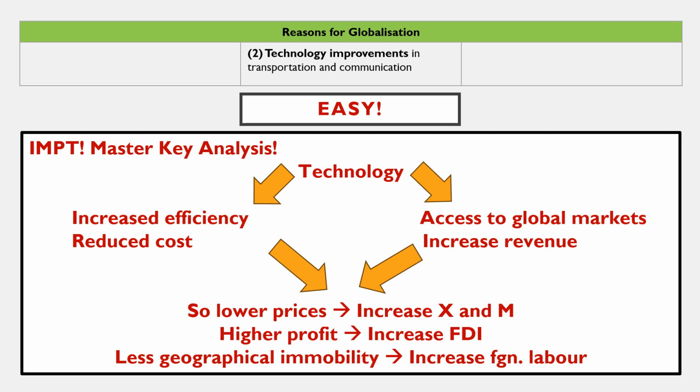And for FDI, foreign direct investments, we are looking at how this impacts their profit and incentivizes firms to invest globally. Last but not least, the technology that reduces cost actually promotes labor mobility as it helps to reduce geographical immobility.